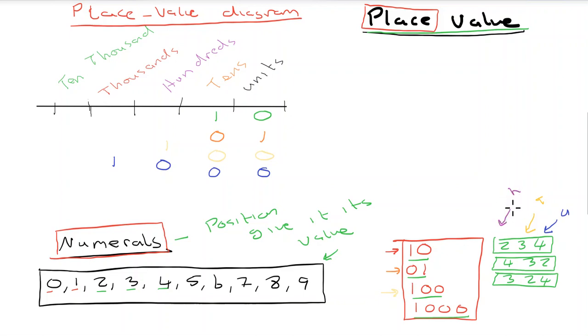So you can see 234 has 3 place values. The first place value is the units place value, and it has 4 in that. The second place value is the tens place value, and it has 3 in that. And the next place value is the hundreds place value, and it has 2 in that. So that's what we mean by place value.